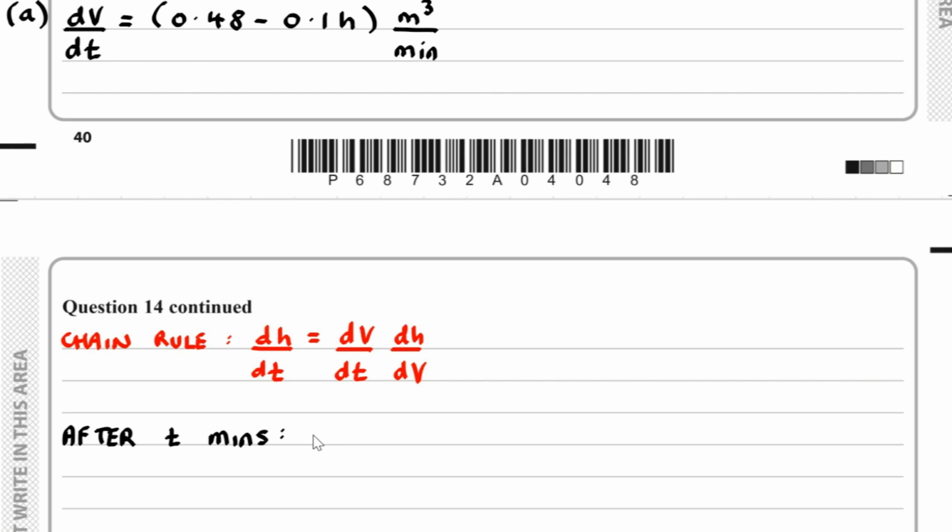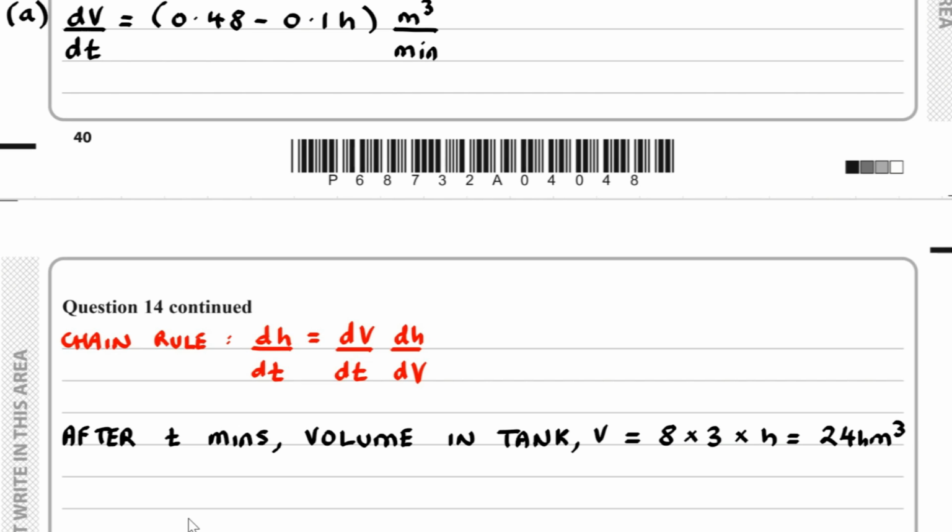After t minutes, the volume in the tank, V, is equal to 8 times 3 times h, so we've got 24h meters cubed.